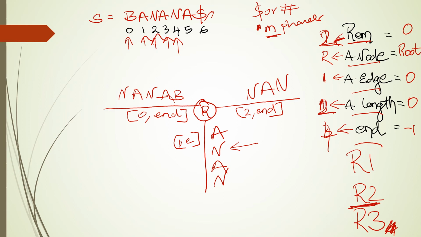And next is A. Again we hit an A. That is, we are at this position and we see if A is present in S of I plus 1. Of course, yes, it is. So we are at S of I plus 1 and it's an A. We did increment the length to 3.